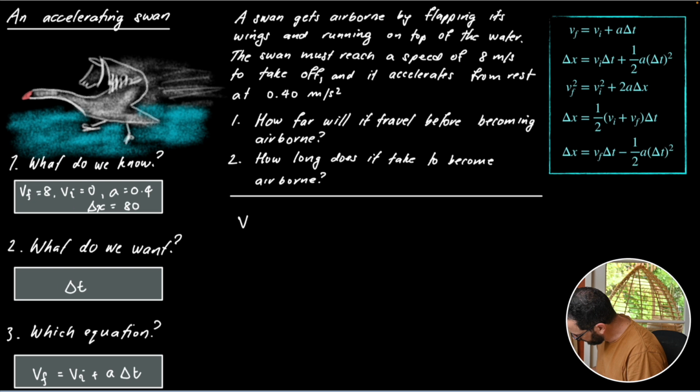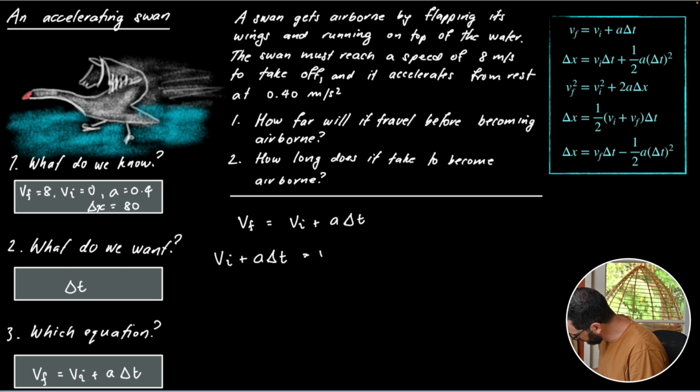So let's once again rearrange this for delta t. So I want delta t, so I'll switch the equation around. It's still the same if you write the left-hand side and the right-hand side reversed. And I'm going to subtract off Vi from both sides first, because this time I'm trying to chip away at the delta t.